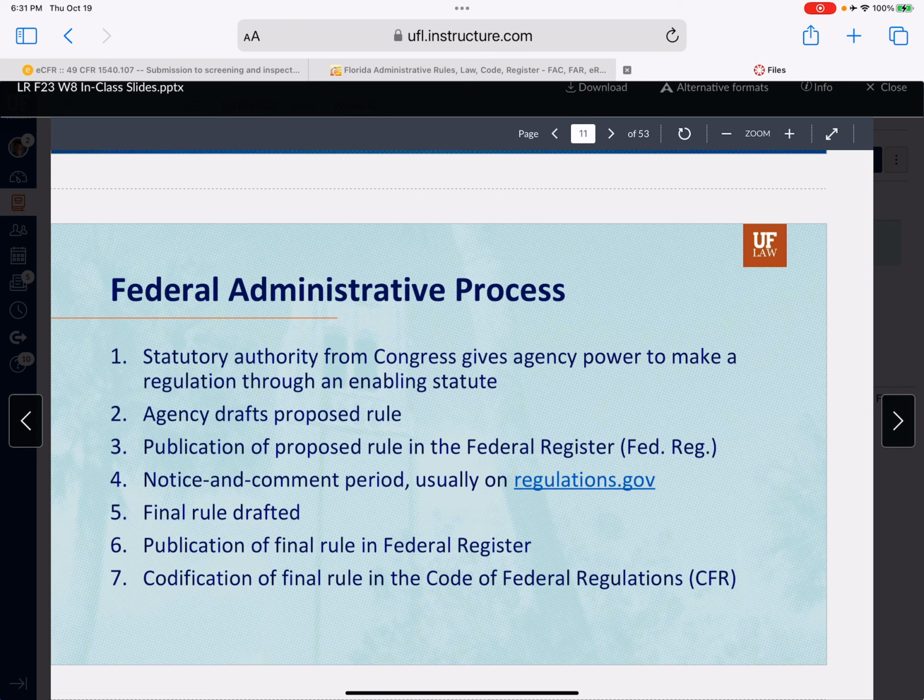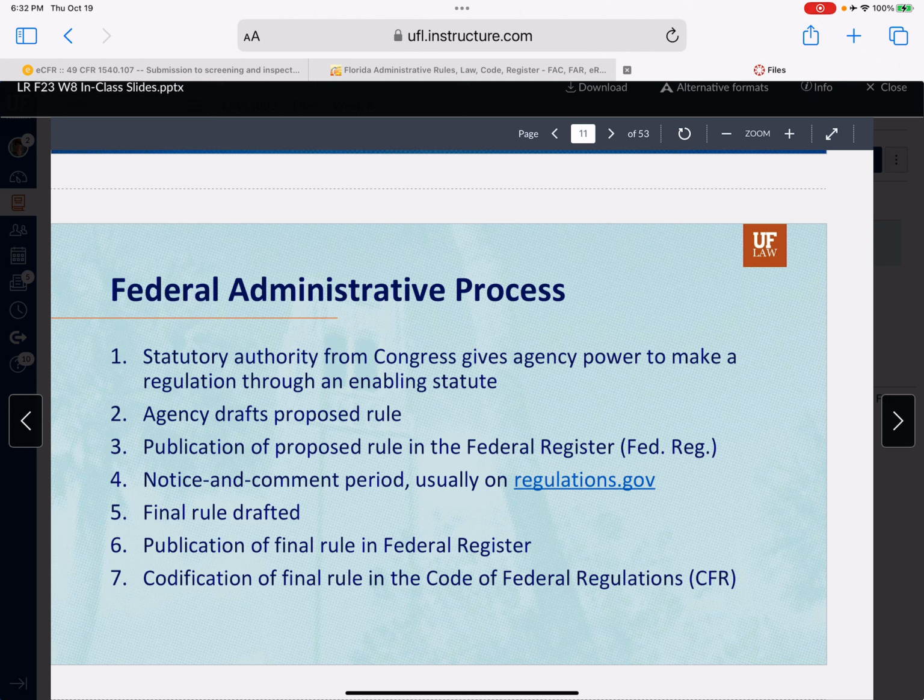But afterward, and we're going to talk about the time frame of how they're done, they are codified the way our statutes are codified in the U.S. Code. These regulations are codified in the Code of Federal Regulations, and that's when they get divided up into titles that each have a different subject area, just like the U.S. Code.